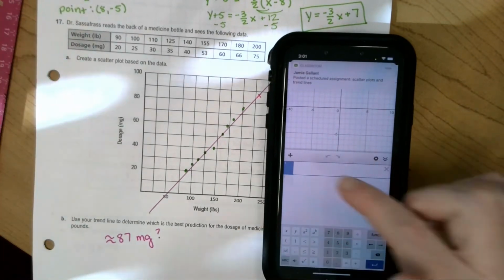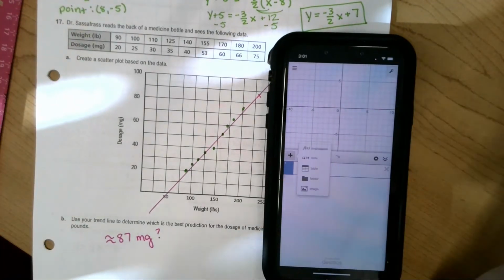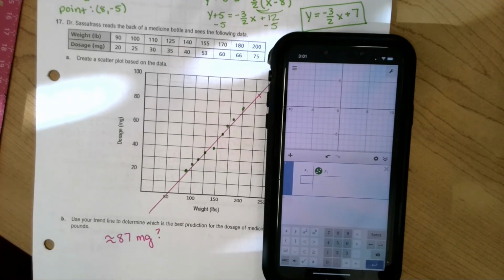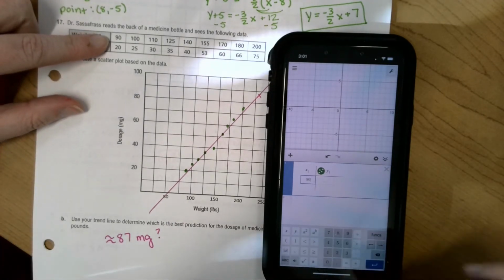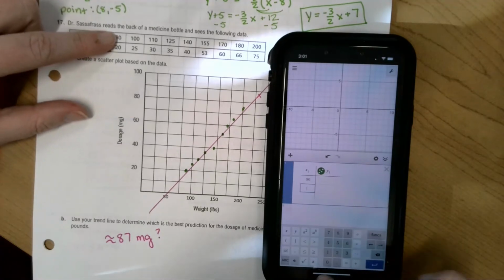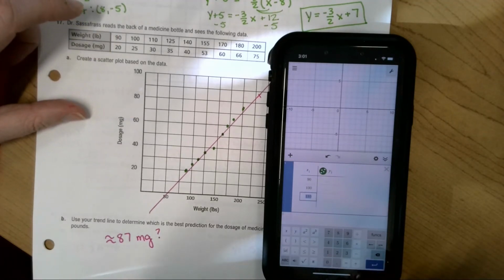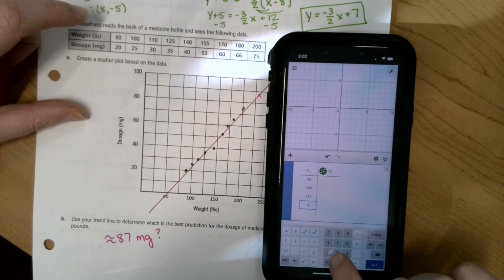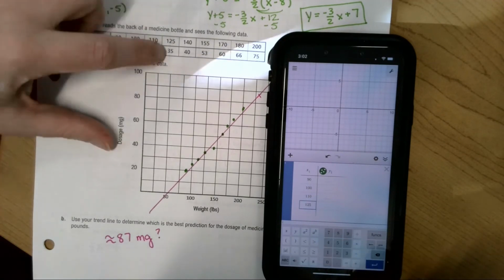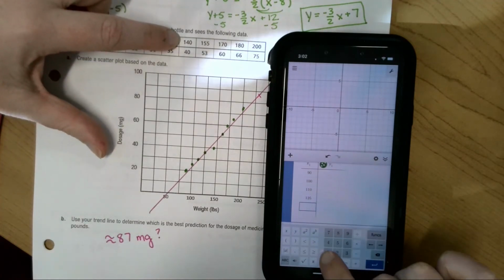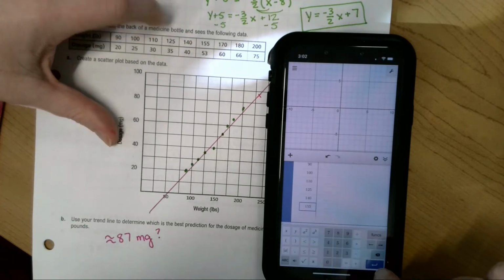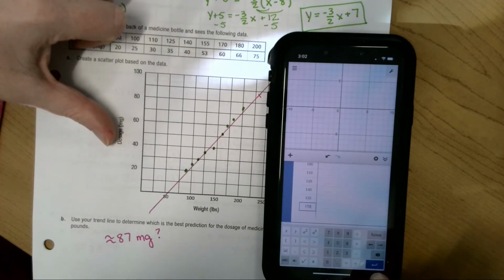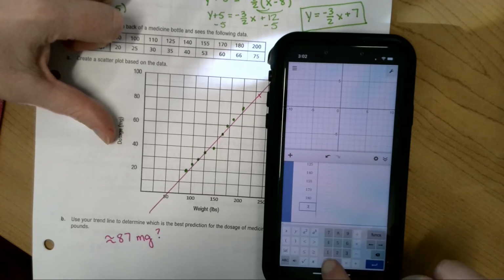Okay, so first thing I'm going to do is make a table. I'm going to type this table into here. So we have 90, 100, 110, 125, 140, 155, 170, 180, and 200.